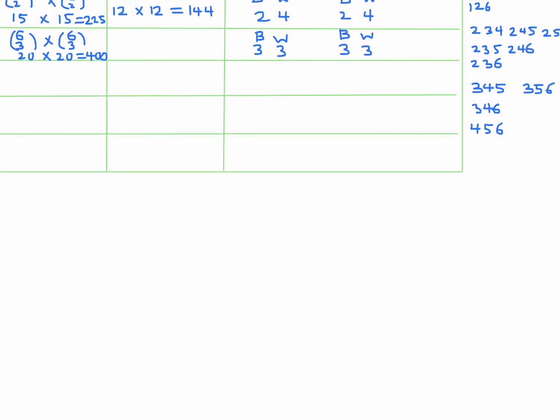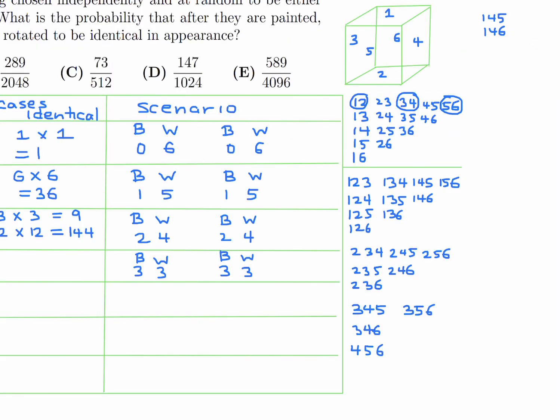So let's list those 8 that share a corner. 1, 4, 5, 1, 4, 6, 1, 3, 6, 1, 3, 5, 2, 5, 3, 2, 5, 4, and 2, 4, 6, and 2, 3, 6. So in a relatively systematic way, I labeled those corners.